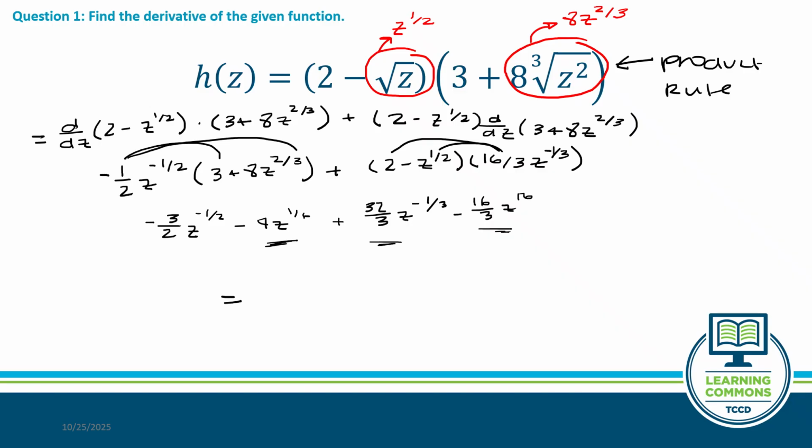So my final answer is going to end up being 32/3 z to the 1/3 minus 28/3 z to the 1/6 minus 3 over 2z to the 1/2.